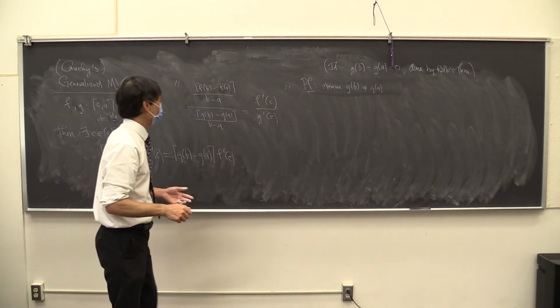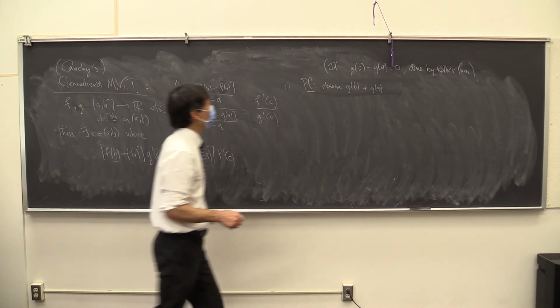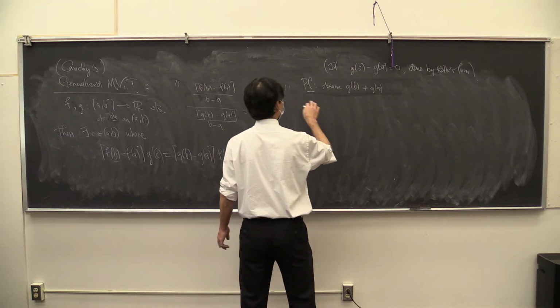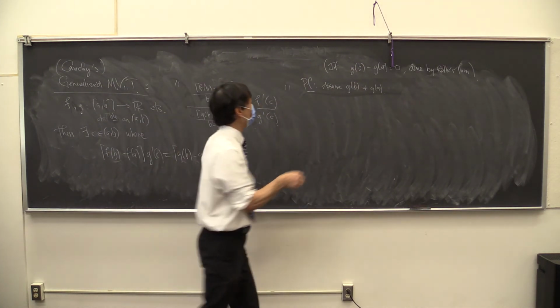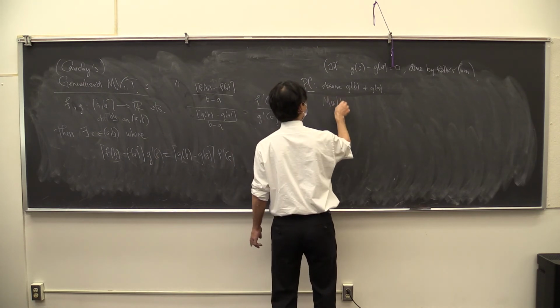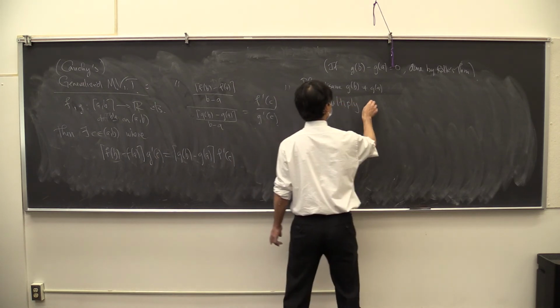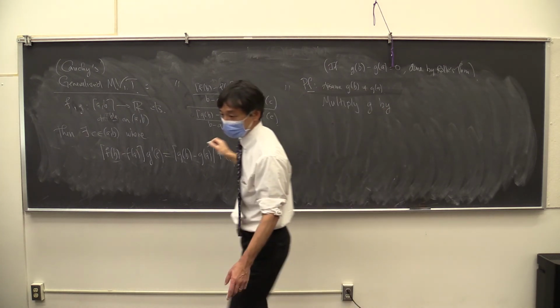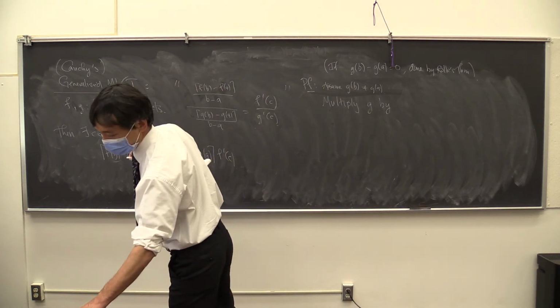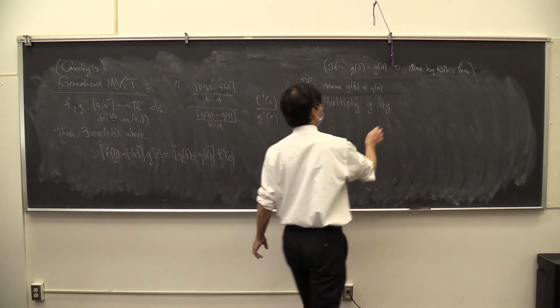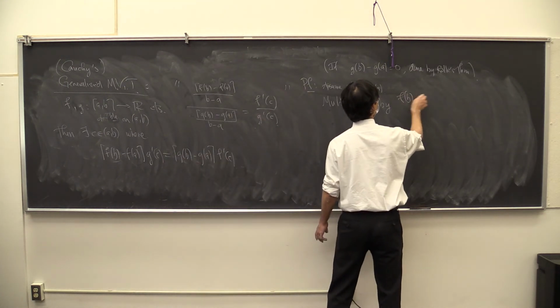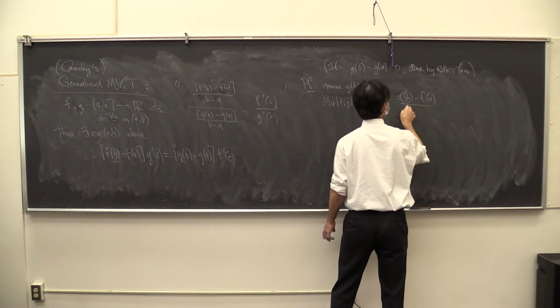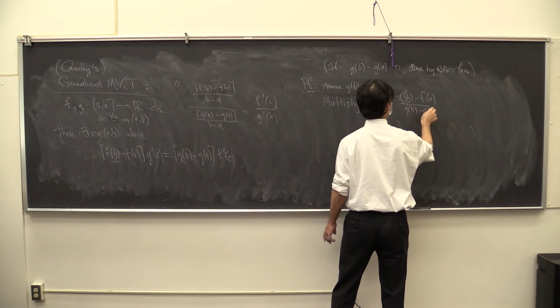Okay, so now we do something clever. We twist one of the functions. So multiply g by f of b minus f of a over g of b minus g of a.